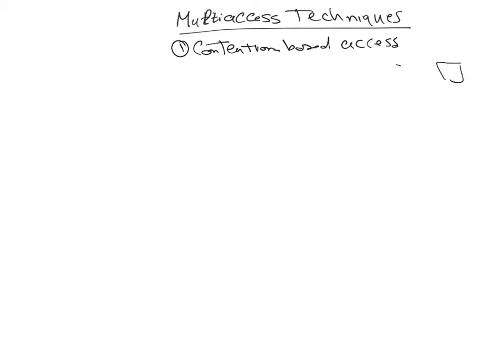And in that case, we have a group of nodes that share a medium. So in that case, contention-based access talks about the ability of these nodes to send over this shared medium at any point of time, asynchronously.